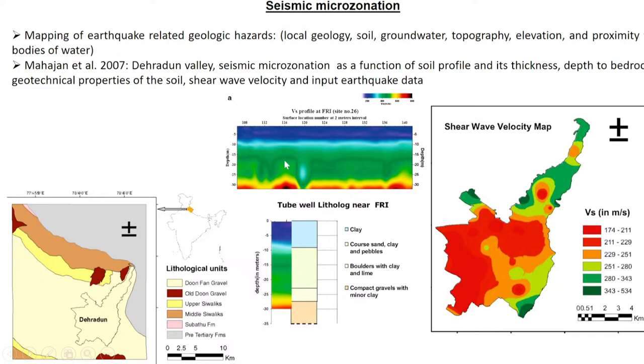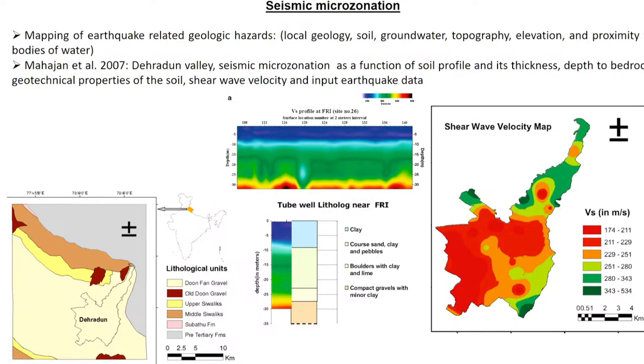So you can see this Uttarakhand, this Dehradun region. After this analysis, this is the shear wave velocity, and this velocity has been derived with the help of Rayleigh wave information. So you can clearly see that this area basically has the maximum potential, where the maximum amplification can be if there is a surface wave.